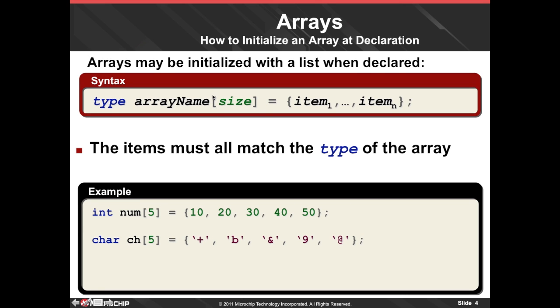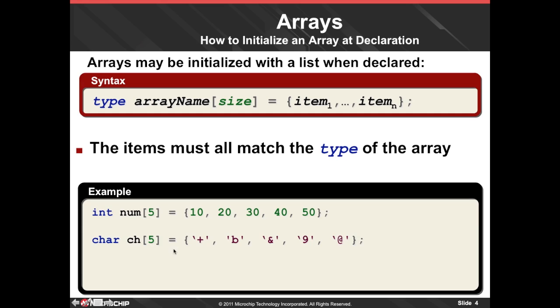How we initialize them is that we can do it actually when we declare them, at the same time. So here's the same example we saw in the previous slide, which is the type and the array name, the array identifier, enclosed by square brackets, the size, and then we use curly braces with values separated by commas to initialize each individual element in the array. So in this example, we have declared an array of type int with 5, okay, and you see that 10, 20, 30, 40, 50 are all separated by a comma, but they're all of type int.